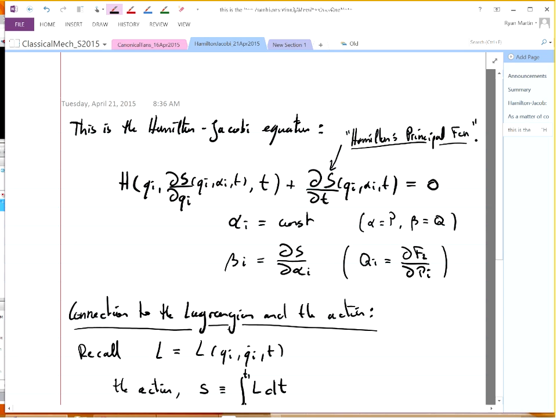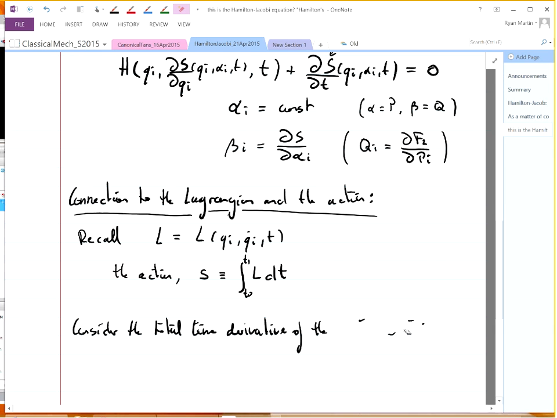That way it's good for it to have a name, since I'm using the same letter S for two different things. So consider the total time derivative of Hamilton's principal function.